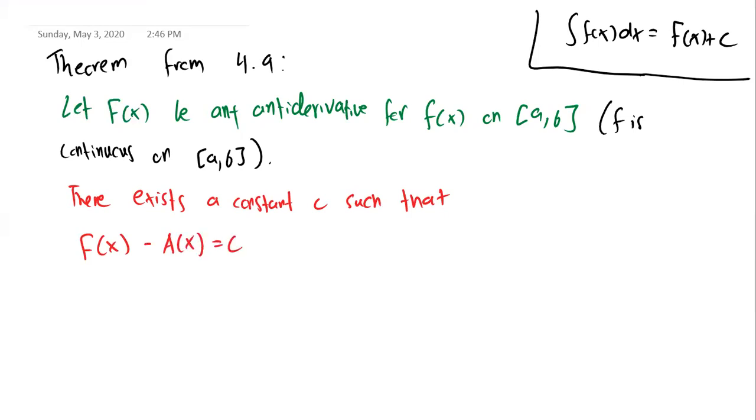So as we saw by the fundamental theorem of calculus, the area function is an antiderivative of f, right? Big F is any antiderivative. So we have two antiderivatives of little f. They have to differ by a constant. So we can write big F of x equals, just add A of x to both sides. Now, why am I doing this?